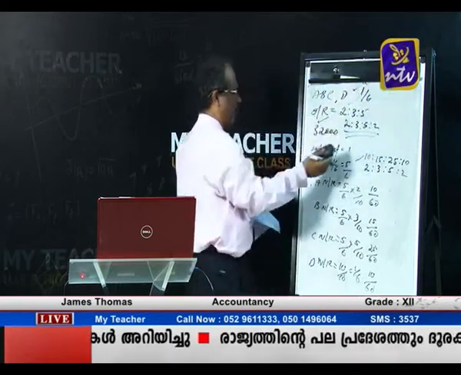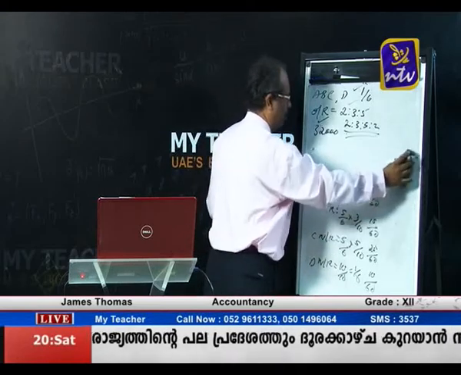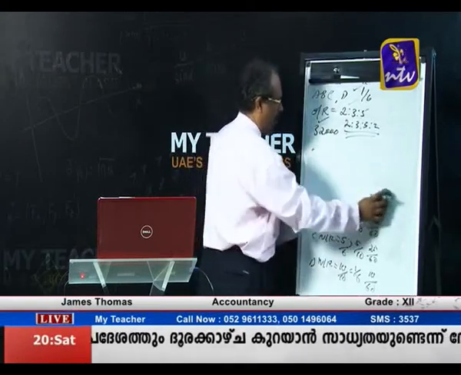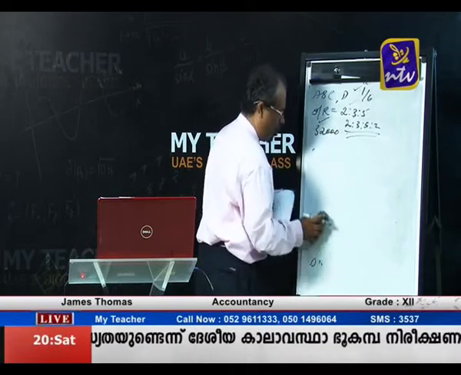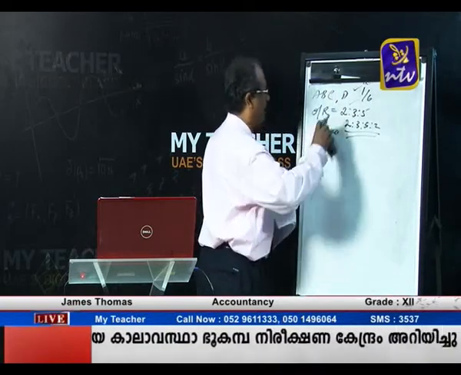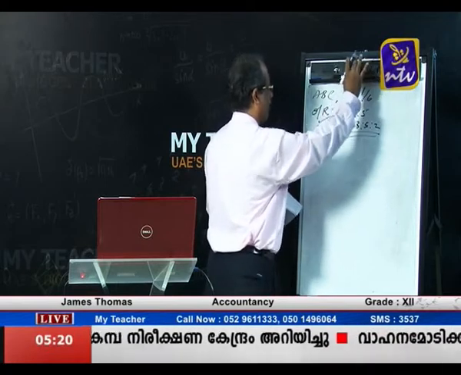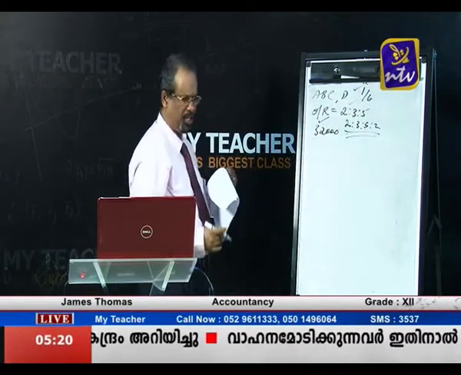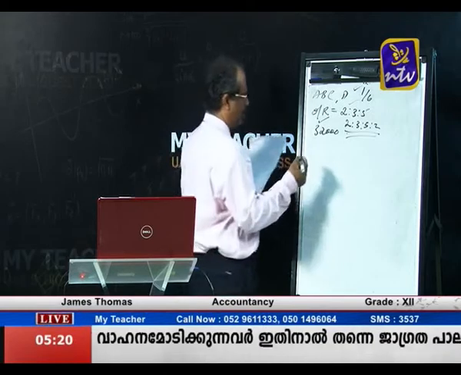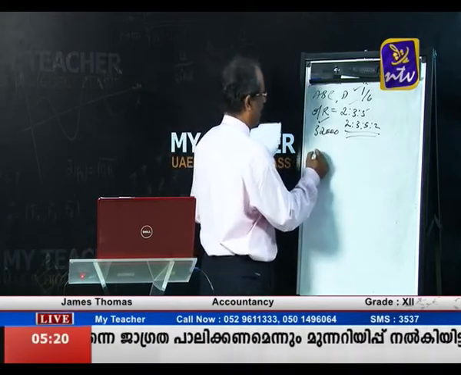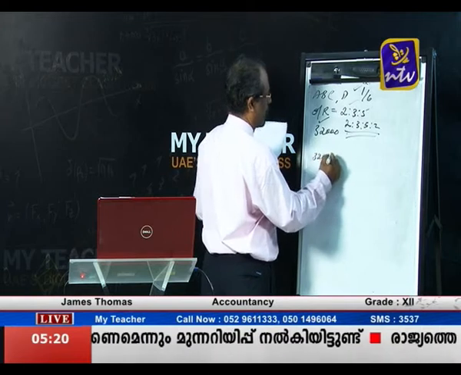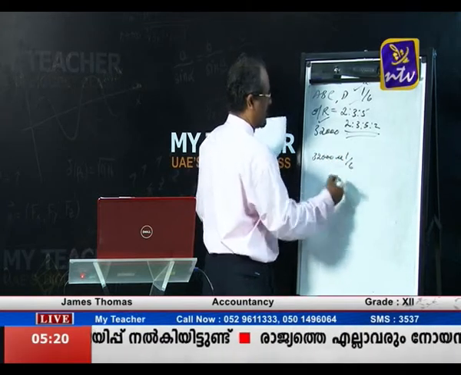Now listen, next point is, on the basis of the new partner's capital, we are going to rearrange the capital of other partners. You can see, all of you listen here, look at the monitor. The new partner's capital is 32,000, that is 1/6.